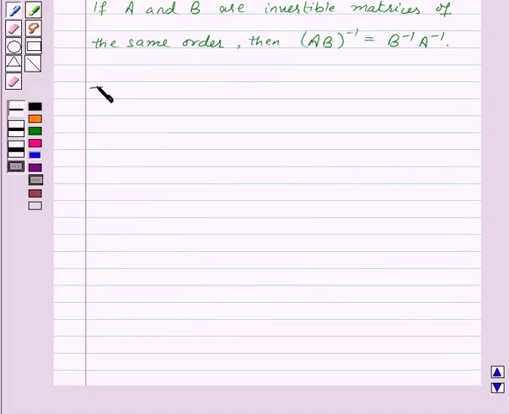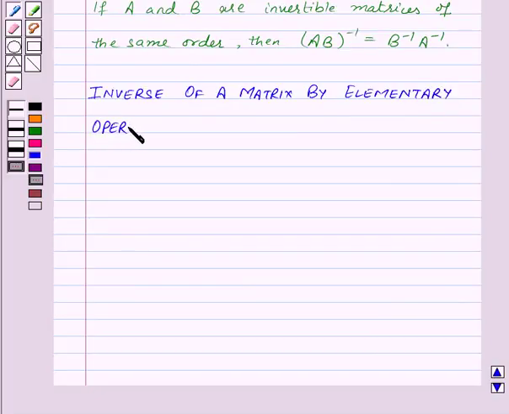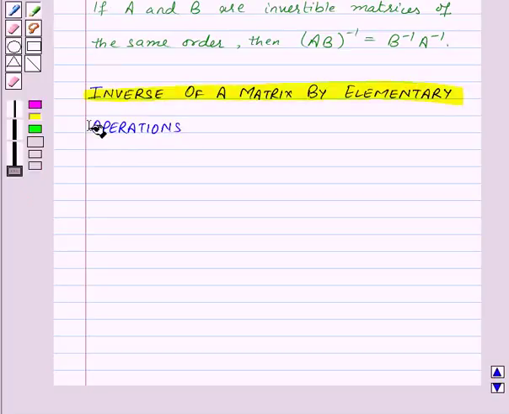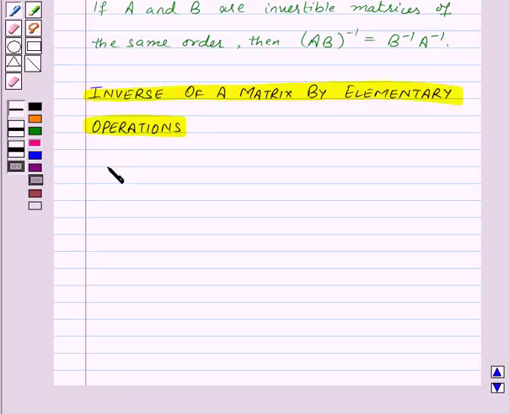Now, the last topic is to find out inverse of a matrix by elementary operations. Suppose we are given a matrix A and we want to find out A inverse using elementary row or column operations.